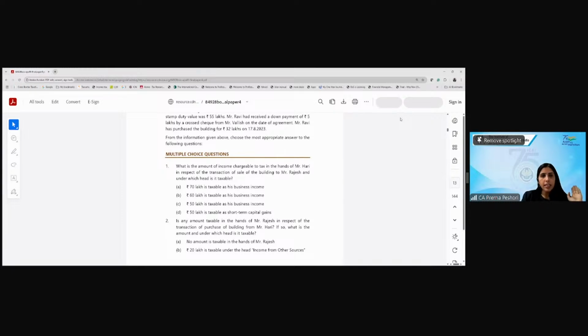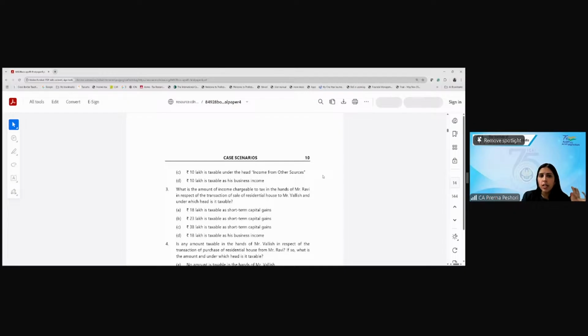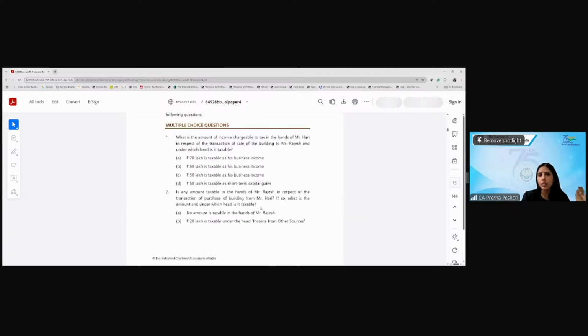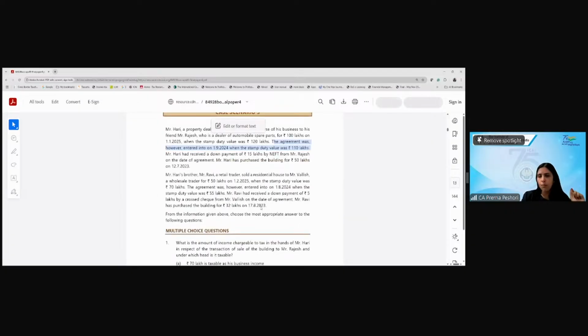Are we clear? Then question number 3 is, what is the amount of income tax chargeable in the hands of Ravi in respect of the transaction of sale of residential house to Walish and under which head is it taxable? 2 minutes time. If you are able to answer, it's the same thing as what we discussed for Hari.